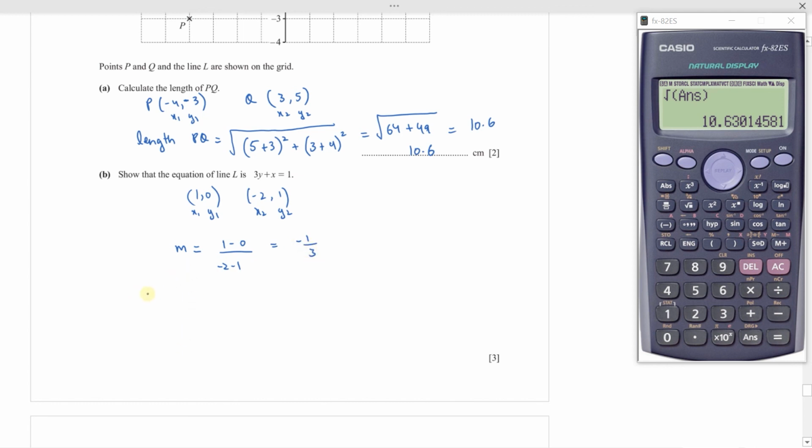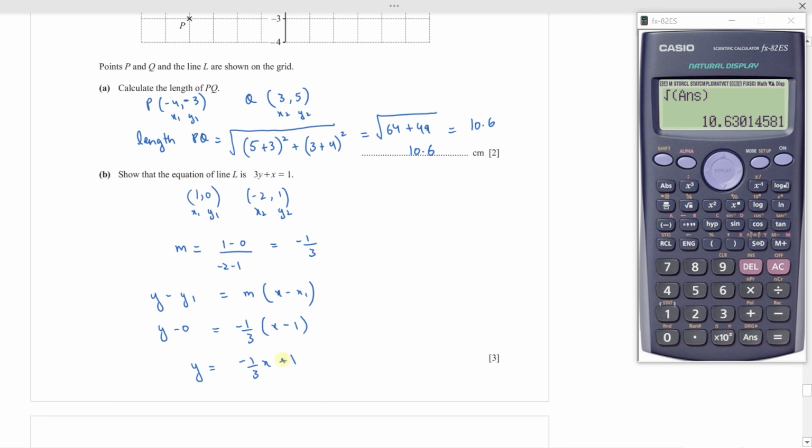Now I can use the formula for the equation of a line, which is y minus y1 equals gradient m into x minus x1. So let's take this x1, y1. So y minus 0 equals minus 1 over 3 into x minus x1, which is 1. So this will be y equals minus 1 by 3x plus 1.